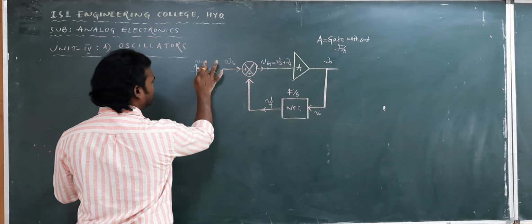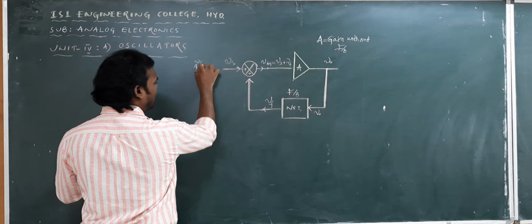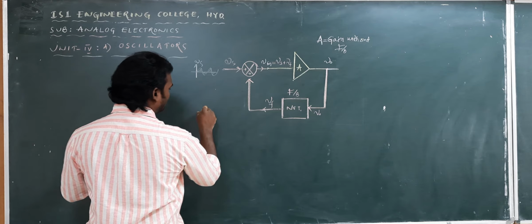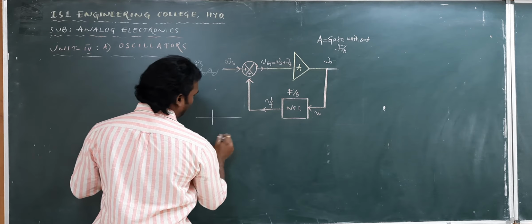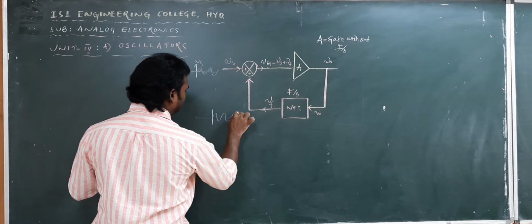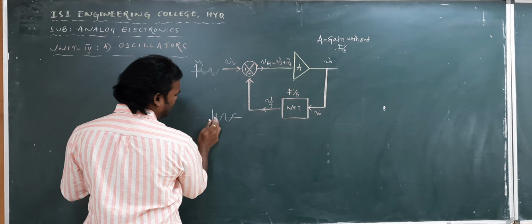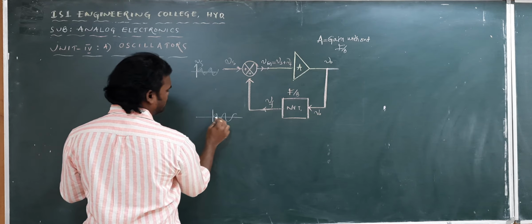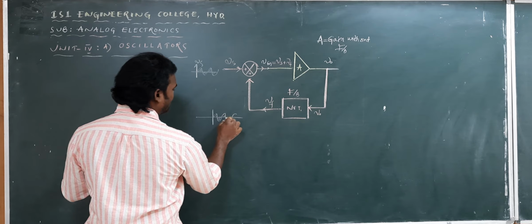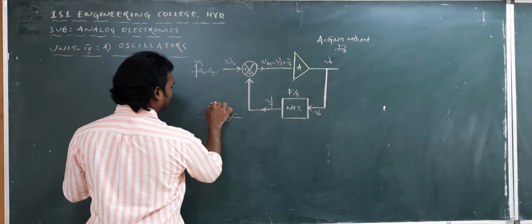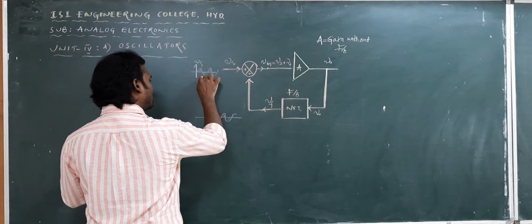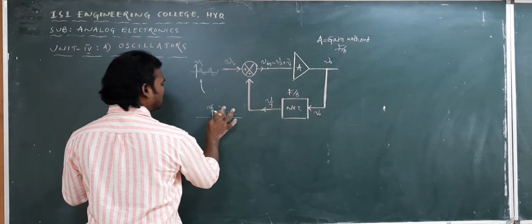These signals, this is Vs and this will be Vf, so the Vf signal is also the same. During the positive, here also positive. During the negative, it is having the same negative. And these two signals in between, the phase shift is how much?